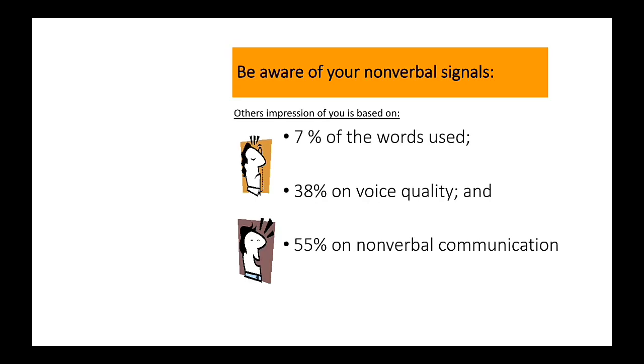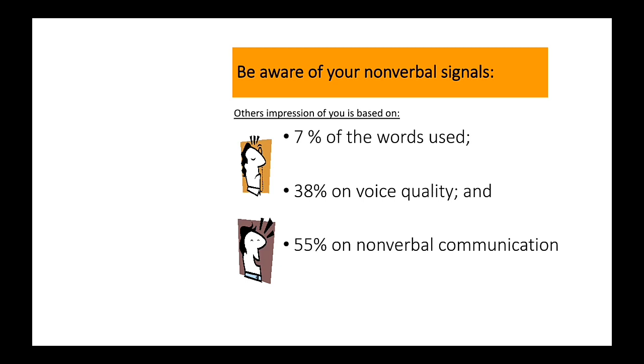Now obviously, as we have already mentioned in the last slide, you should be very much aware of your non-verbal signals and body language, because that should show positive signs. 7% of communication is the words used, 38% is voice quality, and 55% is non-verbal communication. A lot of communication depends on non-verbal communication, 55% of it.